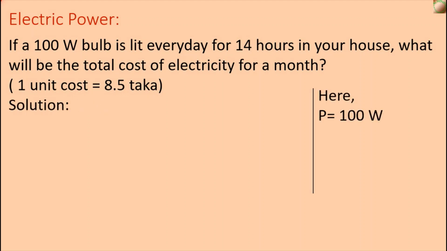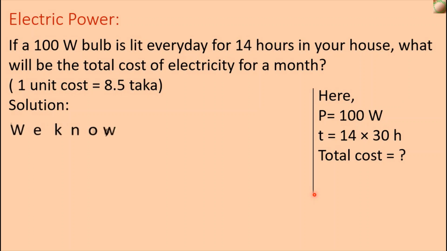Here power P = 100 watt, that is power of the bulb is 100 watt, and time 14 into 30 hours, that is in one day it is used 14 hours and 1 month means 30 days. Therefore total time will be 30 into 14. Here 14 into 30 hours, and total cost is equal to what?